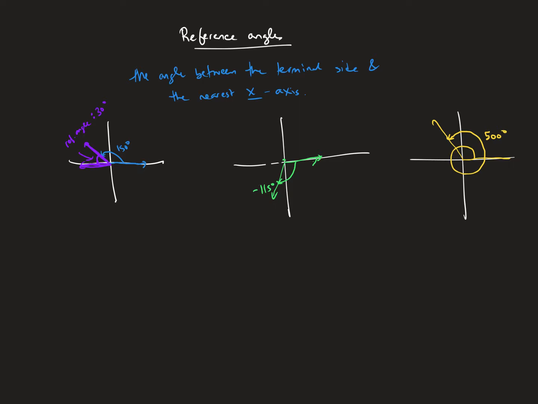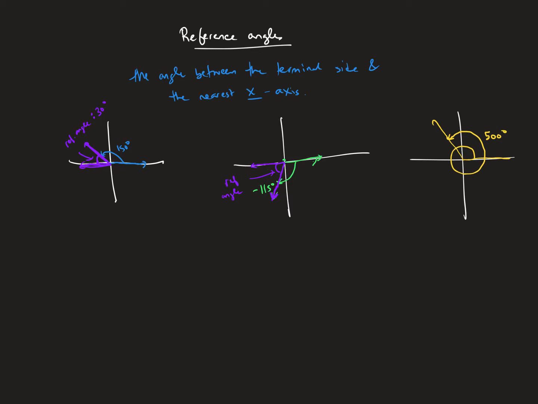So let's look at the second, the negative 115. Again, I go with the terminal side, and I go with the nearest x-axis. This is my reference angle. If you look at these two angles together, they make a straight line angle.